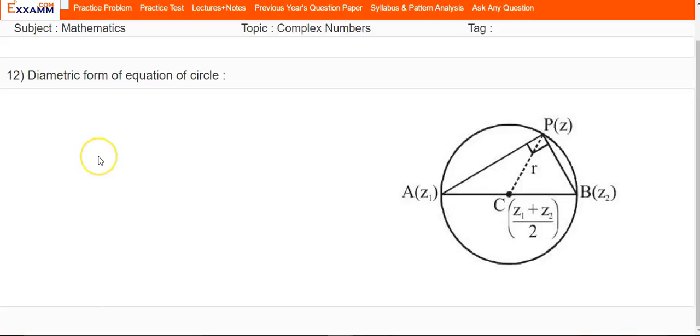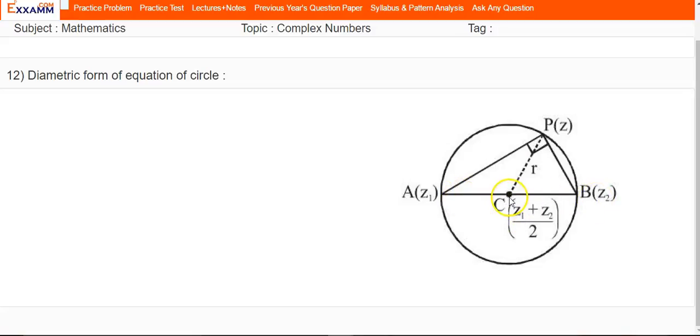Now let us derive the diametric form of the equation of a circle. Now in a circle, what are the main properties? Diametric form means we have been given the end points of a diameter of a circle, which are say z1 and z2 in this case, and we have to find the equation of the circle with z1 z2 as the diameter.